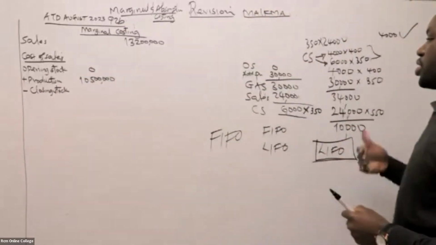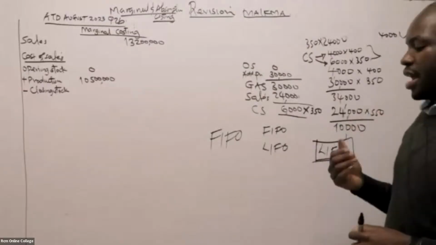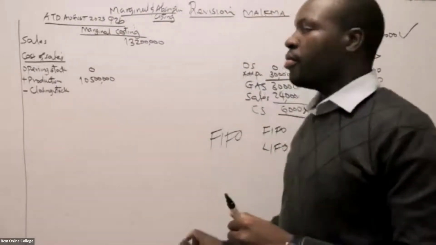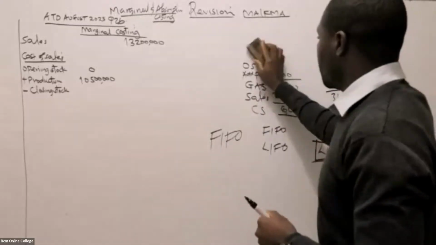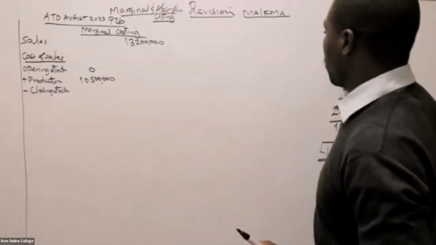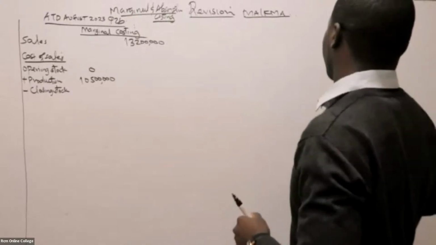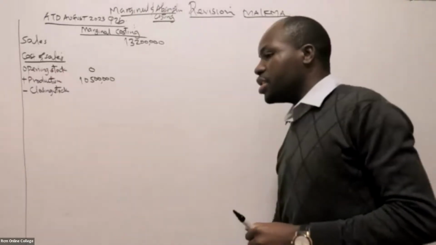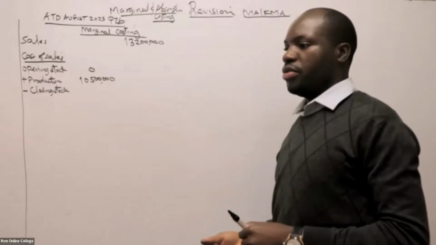So somewhere, without mentioning, these questions are using the assumption of the FIFO method of valuation of closing stock, which again we did in topic number 4.